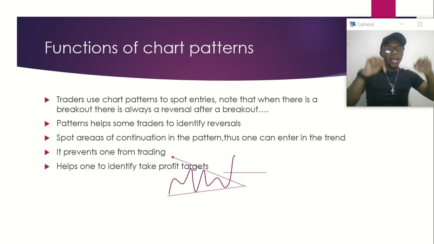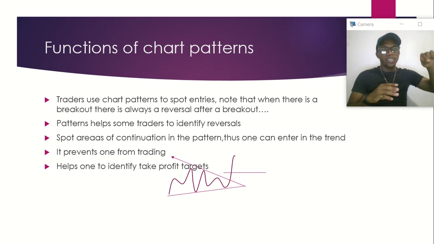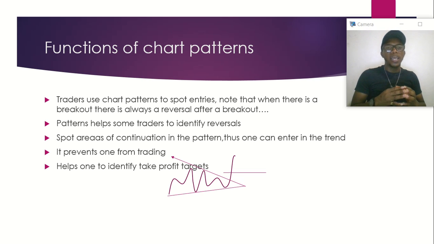Please check our video in the description below if you are not yet aware of the Elliott wave principles. The market goes with waves, it doesn't go in a straight line. So the chart patterns assist us to spot the areas of continuation in the patterns. Thus, one can enter into the trend.